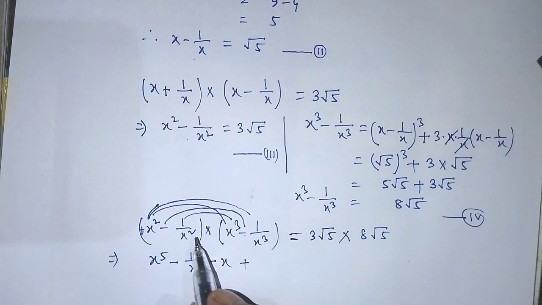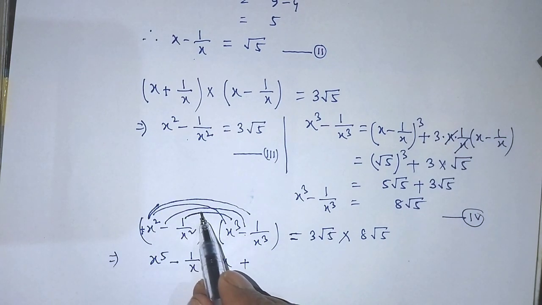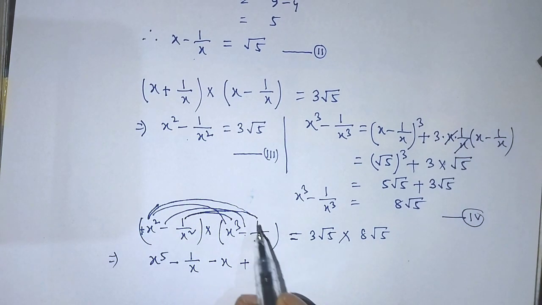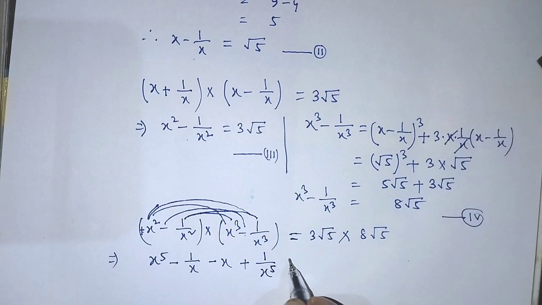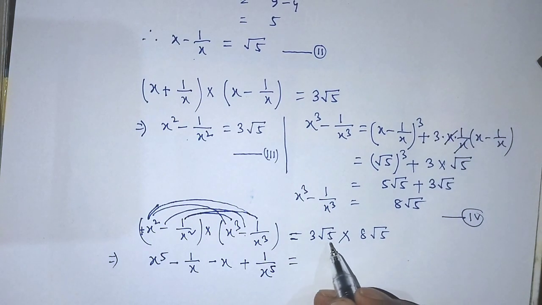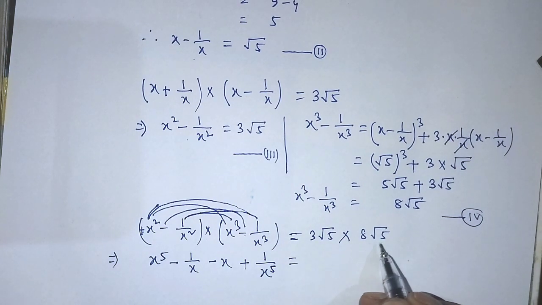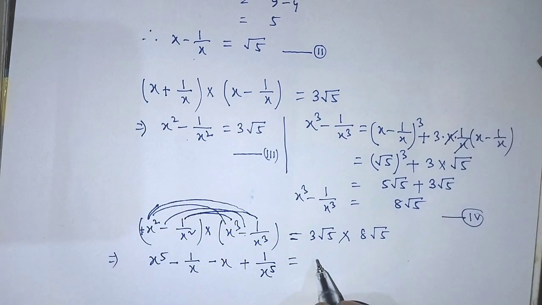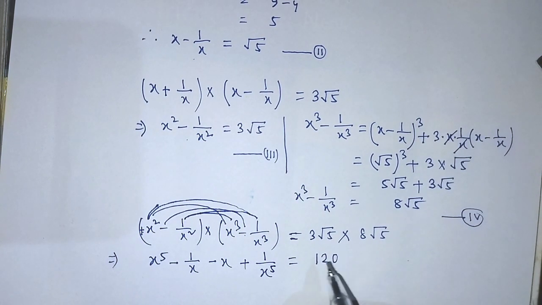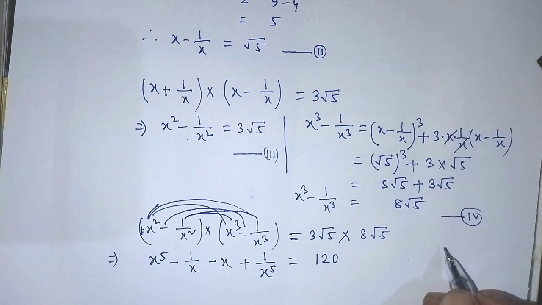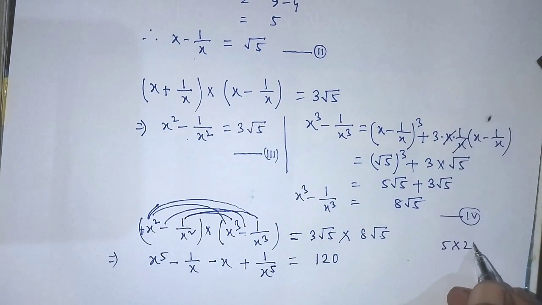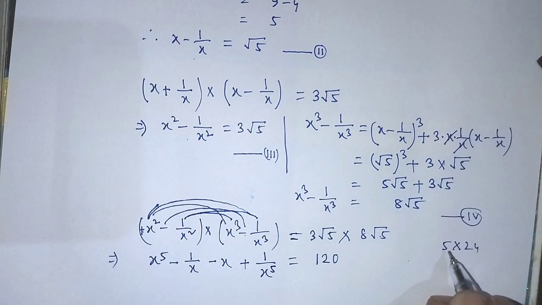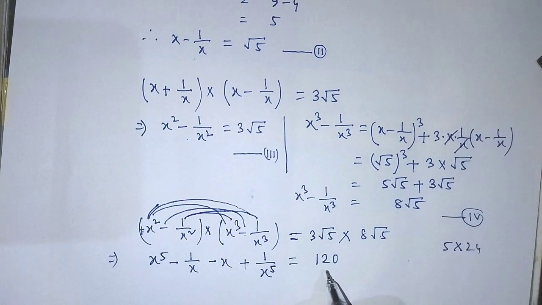Okay, and after that again you have to multiply 1 over x square with 1 over x cube, then you get 1 over x to the power 5 is equal to, if you multiply 3 root over 5 with 8 root over 5, then you get 120. Okay student, root 5 into root 5, that is 5, 3 into 8, that is 24. So if you multiply 5 and 24, then you get 120.